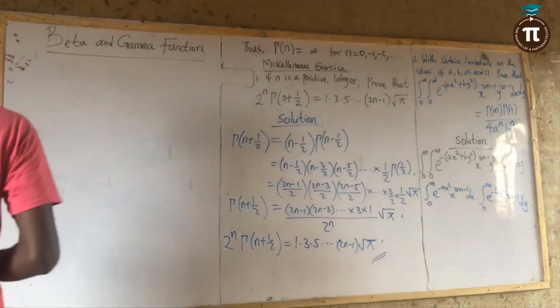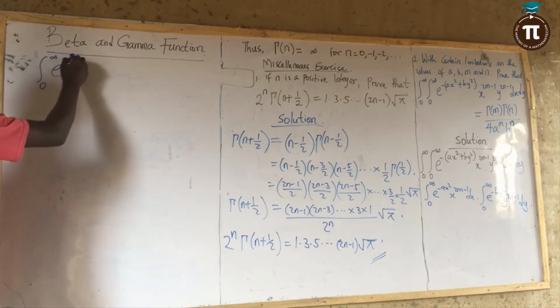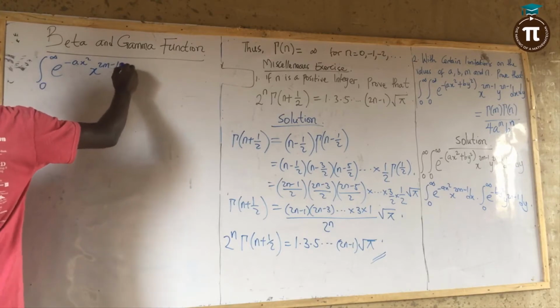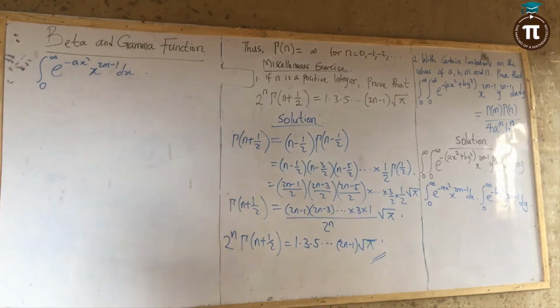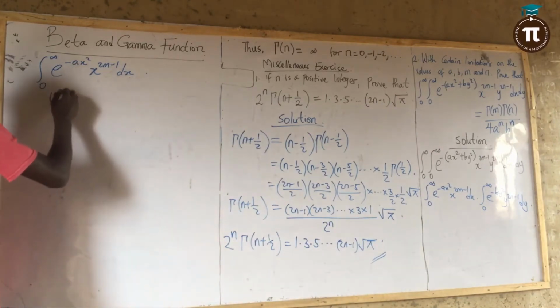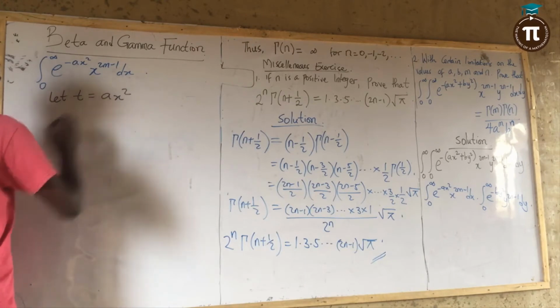So let's simplify this. Integral from 0 to infinity of e raised to power minus ax squared x raised to power 2m minus 1 dx. The first thing I will do is let t be equal to ax squared.